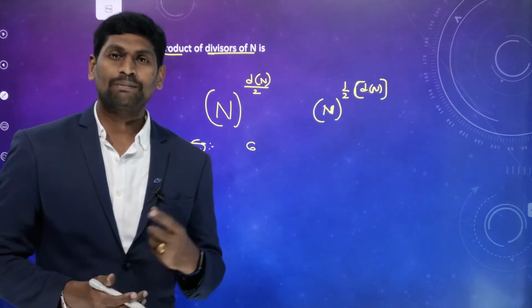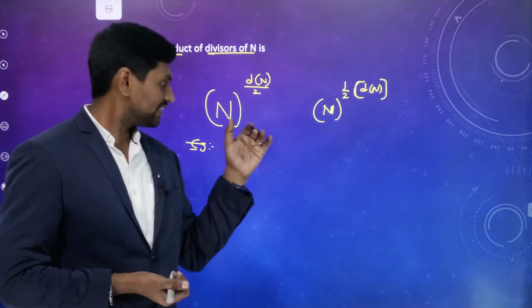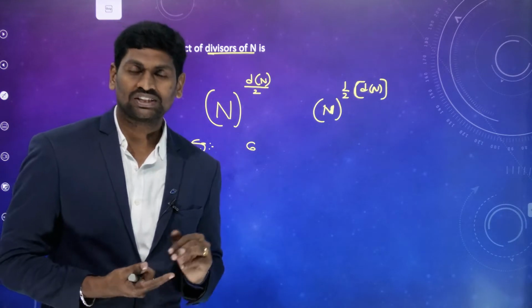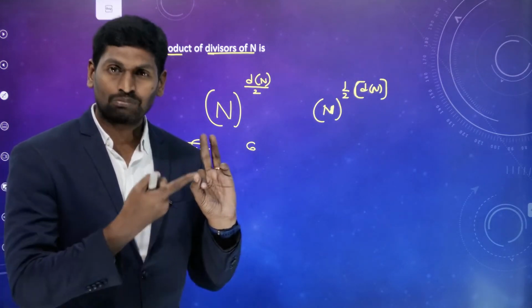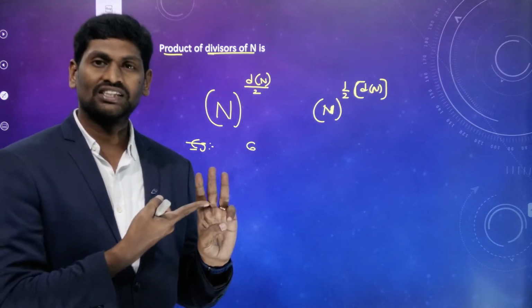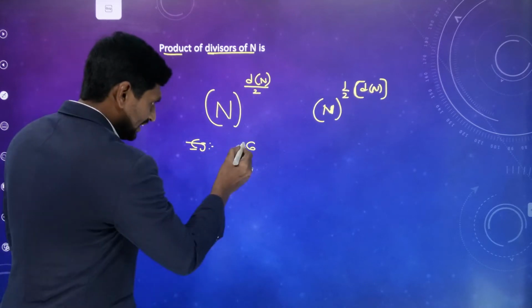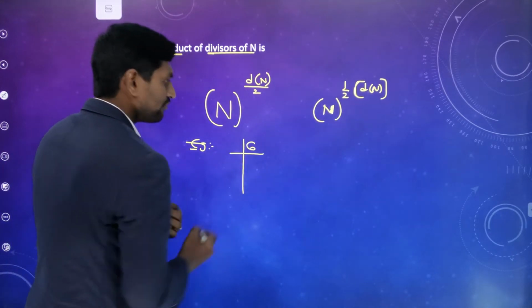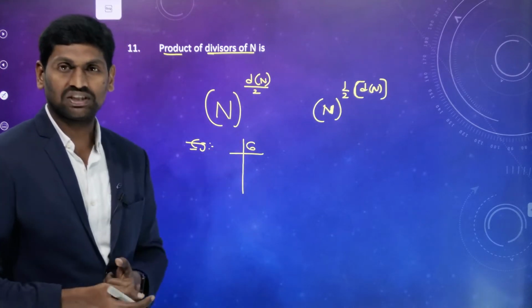Until now we are learning three formulas: number of divisors, sum of divisors, and product of divisors. For finding the number of divisors of 6, I am using the prime factorization method.